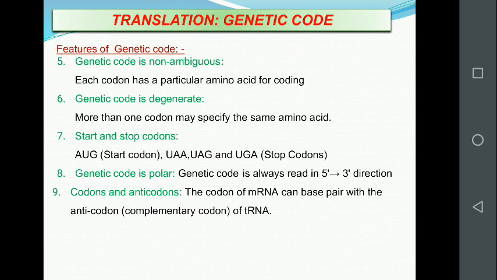And the seventh one is start and stop codons. To start the translation process, we have a starting codon, that is AUG. AUG acts as the starting codon.